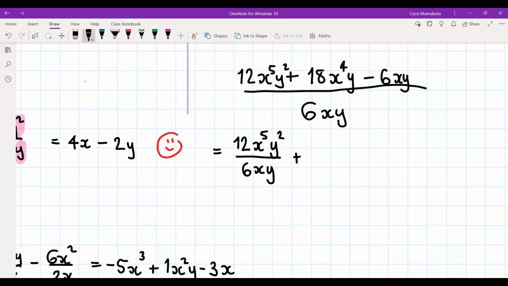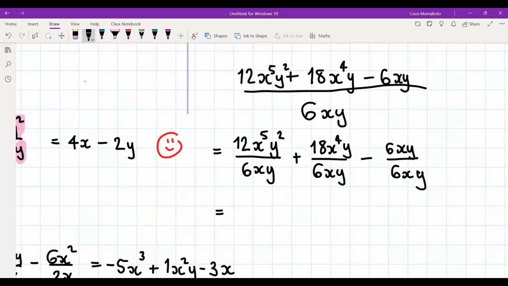Plus 18x to the power 4 y over 6xy. Beautiful. And then minus 6xy over 6xy. Excellent. So we just take each individual term and write it over the denominator. Now you need to actually divide.